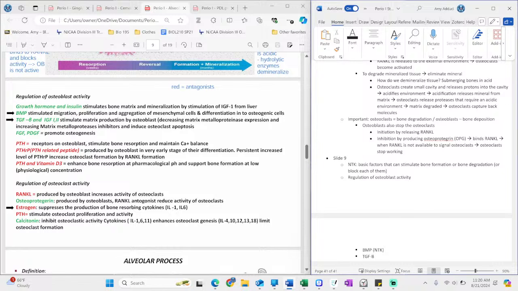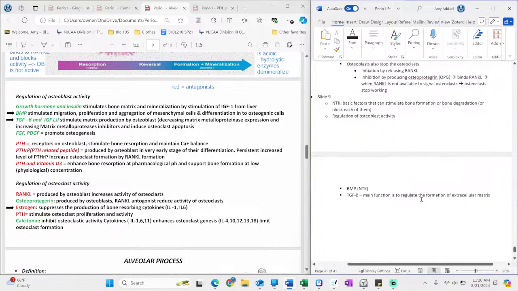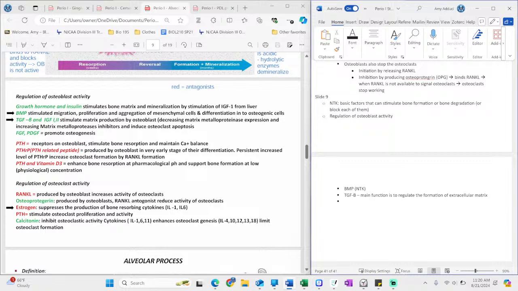TGF-beta, if you remember, its main function is to regulate the production of extracellular matrix, and that's important for bone formation. Okay? So those are the two most important growth factors involved in regulating osteoblast production of bone matrix. Then we have the parathyroid hormone produced by the parathyroid gland.